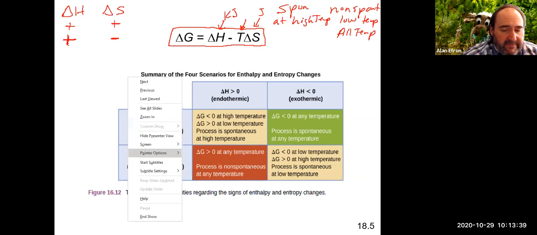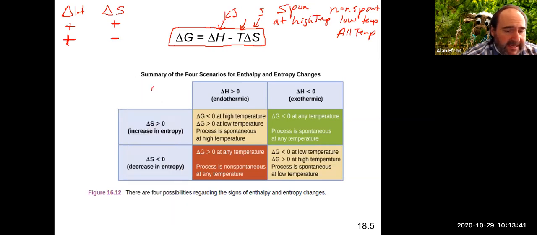Now, if we have a negative delta H and a positive delta S, this will be negative minus a positive. That means that's a negative and that's a negative, which means we will end up with a negative delta G no matter what the temperature is.